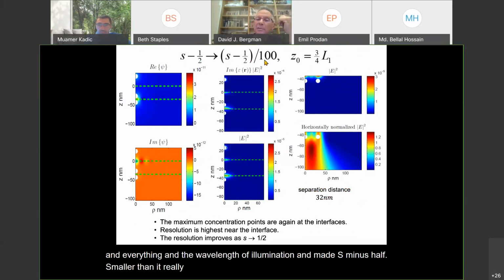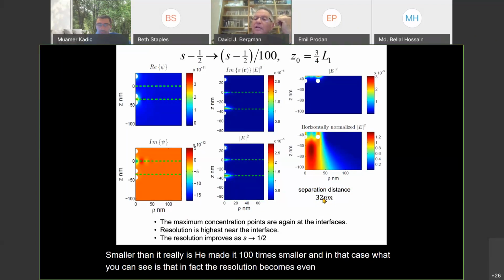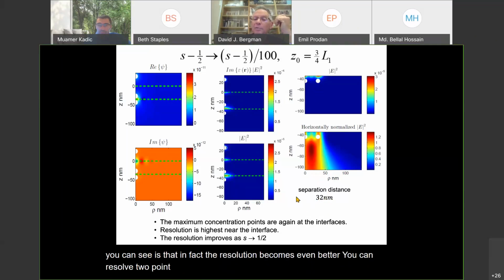He made it 100 times smaller. And in that case, what you can see is that, in fact, the resolution becomes even better. You can resolve 2-point sources that are only 32 nanometers apart, which is less than 10 times smaller than the wavelength.